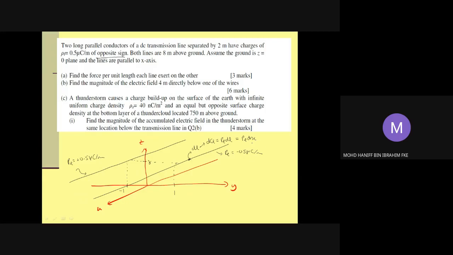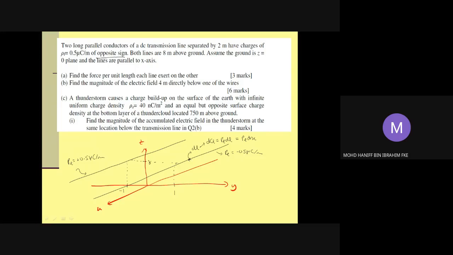I'm choosing this particular dq here because I want to first find the electric field produced by the line charge of positive rho L at this particular point. That is my first objective: to find the E field produced by this line charge at this point.